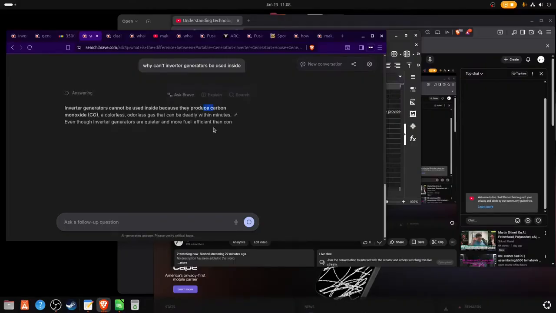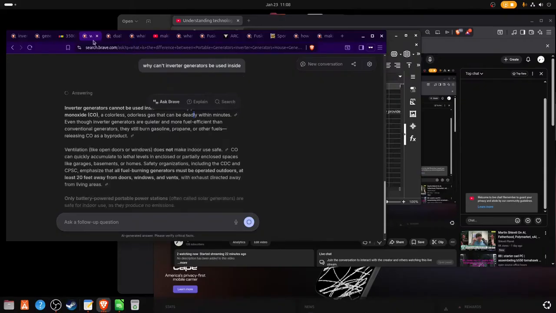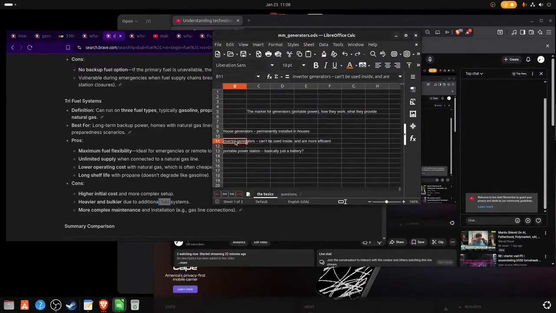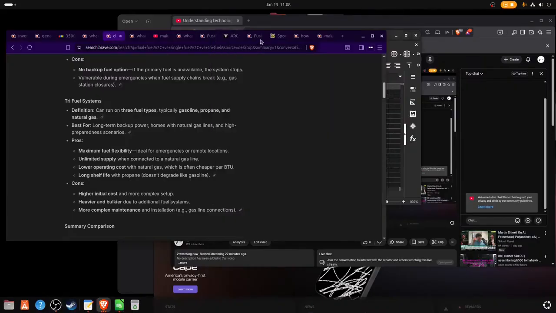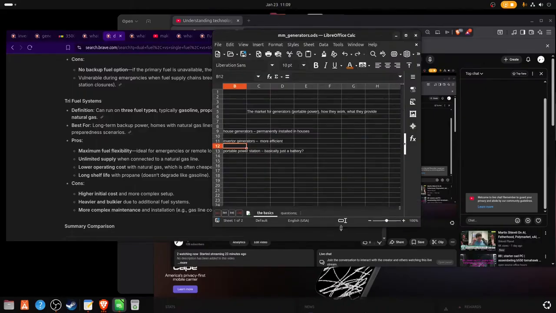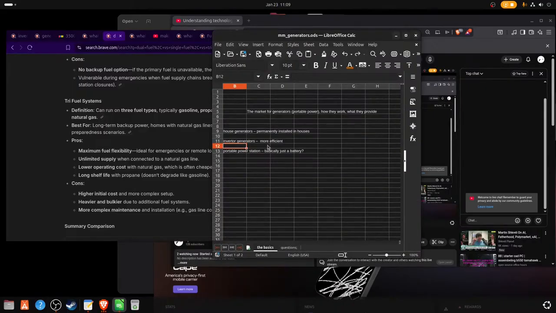They produce carbon monoxide. Well, so do the other ones. That's funny. Okay, so that was just a thing from the LLM. None of these can be used inside unless you have an evacuation system, something to make the exhaust gas go outside, the stuff from the combustion.